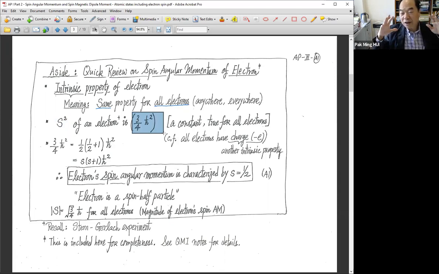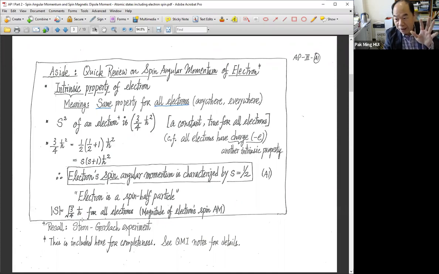The electron has a constant strength for its spin angular momentum. The strength is square root, this is the magnitude of the spin of an electron, square root 3/4 h bar. Okay, and unfortunately, not many people care about this, but this is a fact.